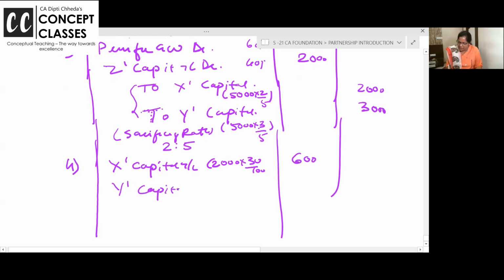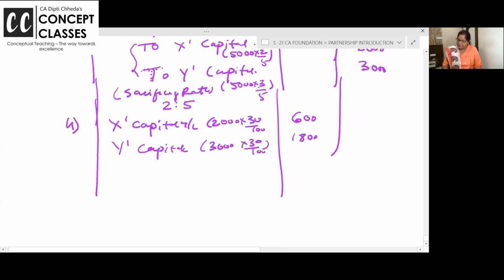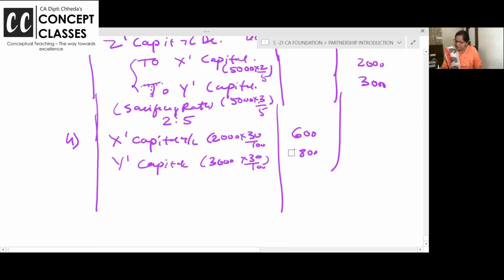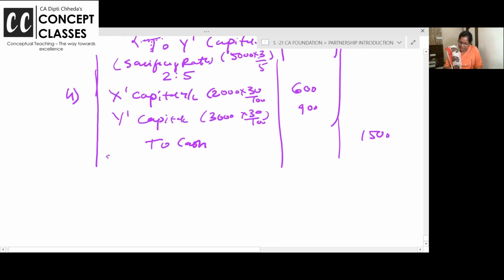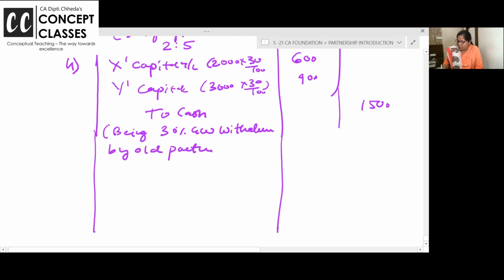Y's capital account debit 3,000's 30%, oh, 3,000's 30% is 900. To cash 1,500. Being, I'm missing giving the narration. I forget, so you remind me. Writing the narration brings clarity. Being 30% goodwill withdrawn by old partners. The old partners took 30% of the goodwill home.